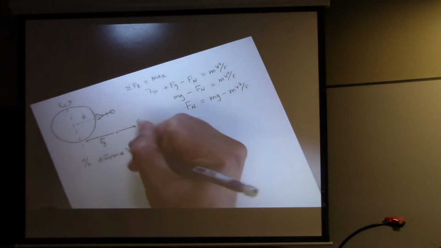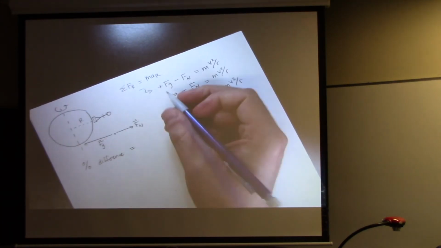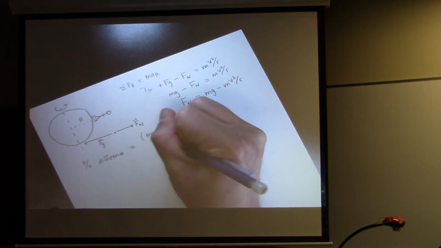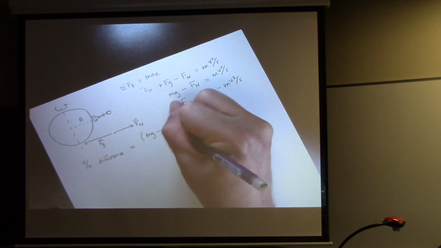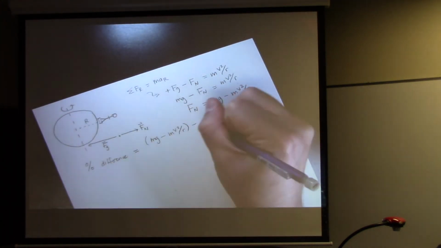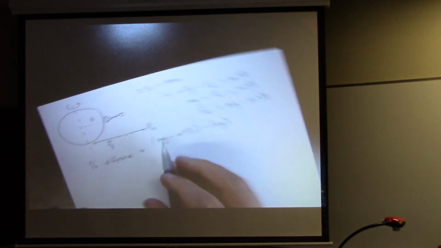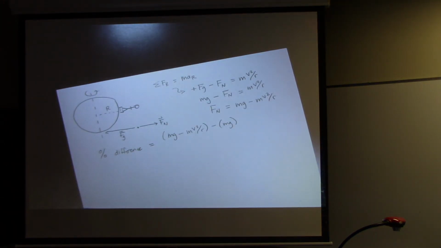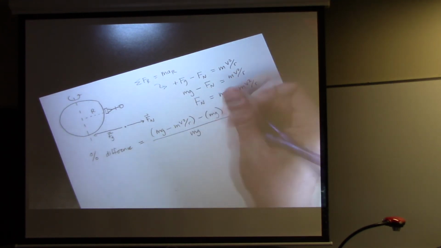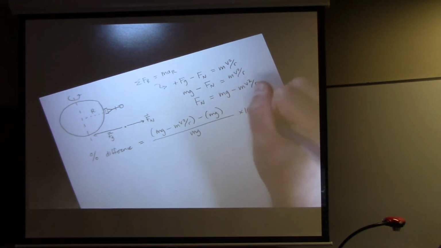So the way this works is we're going to take this normal force, which is mg minus mv squared over r. We're going to subtract mg, so that's the difference between these two things I'm comparing. Divide out m times g, and then multiply by 100.